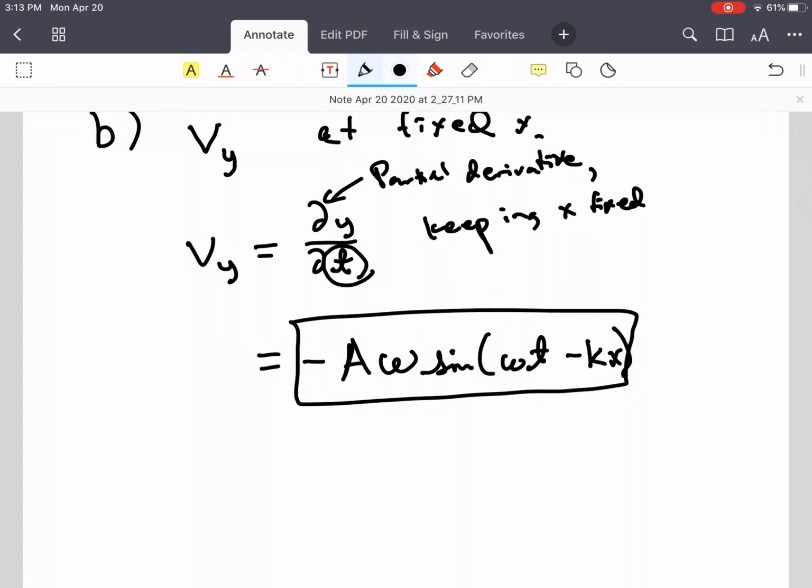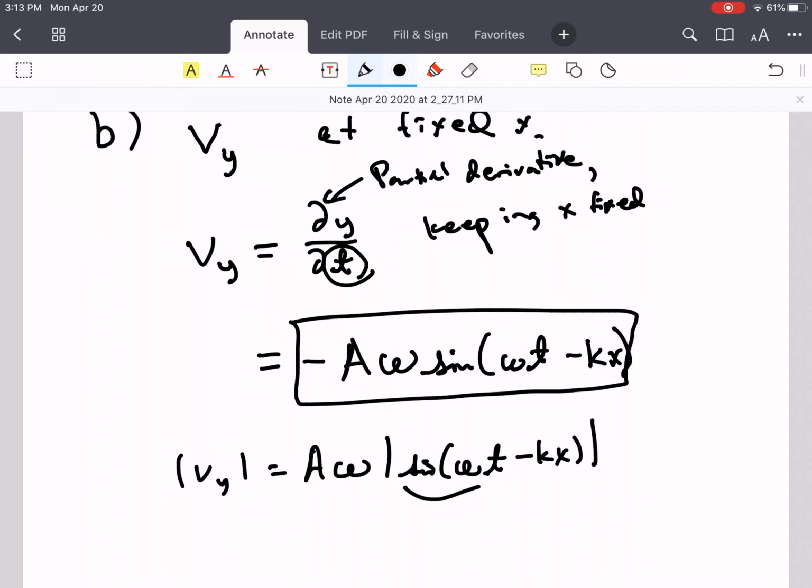And where will this be maximal? Where will this have a maximal magnitude? So the magnitude of this is just A omega magnitude of sine. And clearly the maximum will be when sine is equal to plus or minus 1, meaning the magnitude is equal to 1.